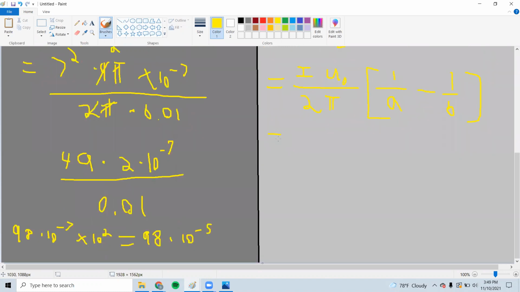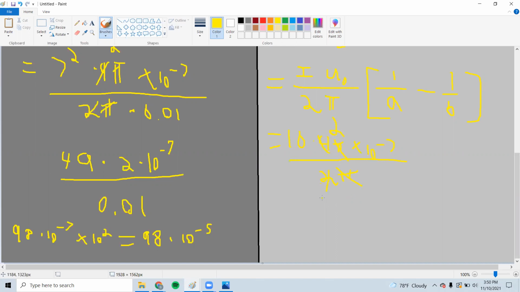So if we plug in all of our values, we know that I is equal to 10 times the magnetic constant 4 pi times 10 to the power of negative 7 divided by 2 pi. The pi's cancel. The 2 cancels out the 4, so it just becomes a 2.